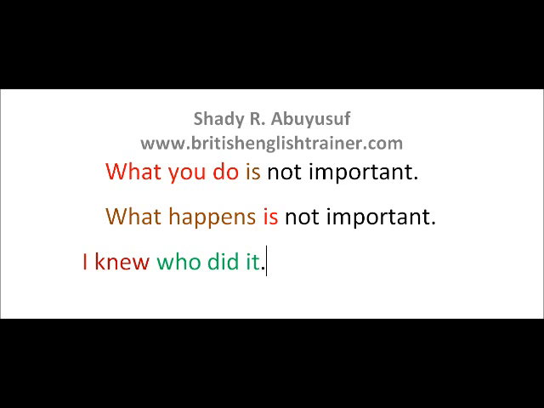But let's look at who did it deep inside it. We've got who as a connector, and then we've got did as a verb. Where is the subject? We say that who is a connector and a subject at the same time.